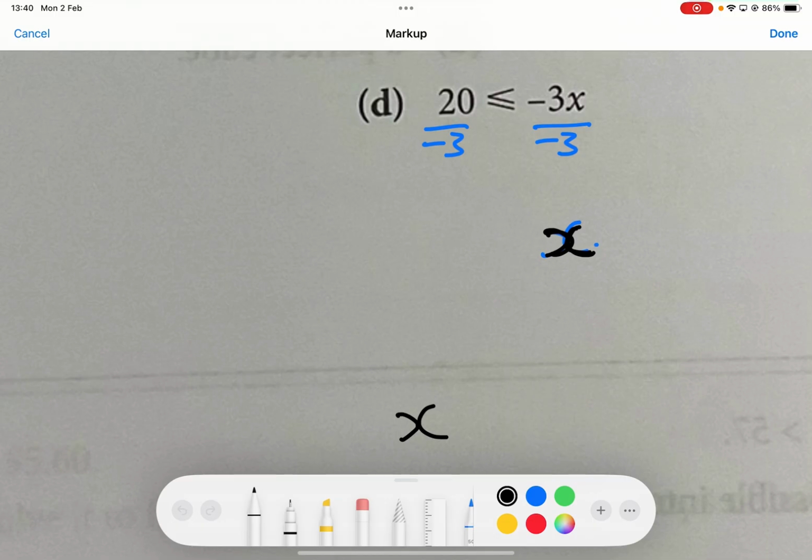Then the other side will be 20 over negative 3. But because this is a negative number, my sign has to change side. At first, it is left hand side smaller than right hand side. Because I divide by a negative number, the smaller than sign will change to a larger than sign.